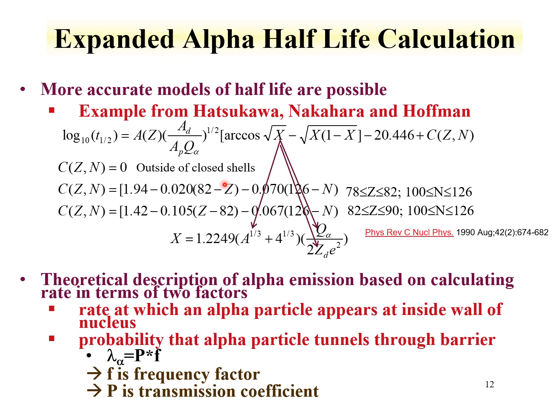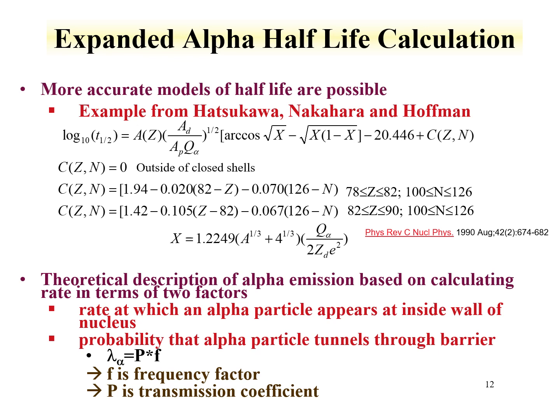But one thing about this model is that there are relationships between the progeny A, the Q value of the alpha, and the progeny Z. So they're pretty straightforward relationships that are also reflected in the Geiger-Nuttall Law. A more accurate model, such as the Hatsukawa model, is just provided as an example. For the course, we'll focus on the Geiger-Nuttall equation.